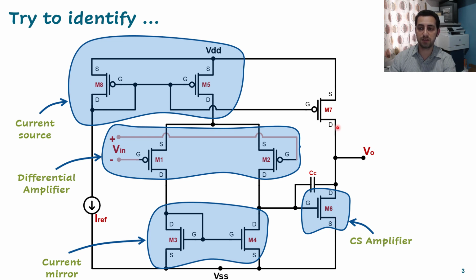M6 is loaded not by a resistor but by a MOSFET as well. That MOSFET is also biased by the current mirror here, which is an extension of the current mirror of that one.